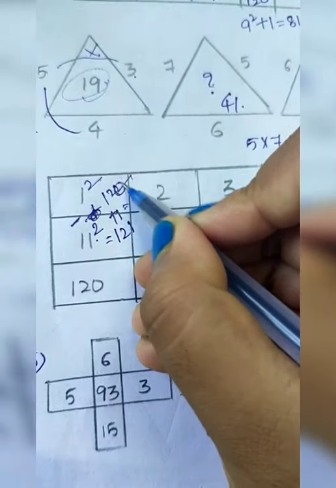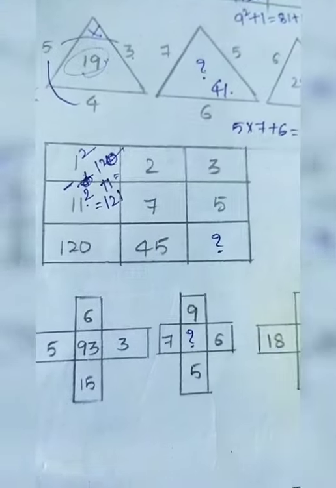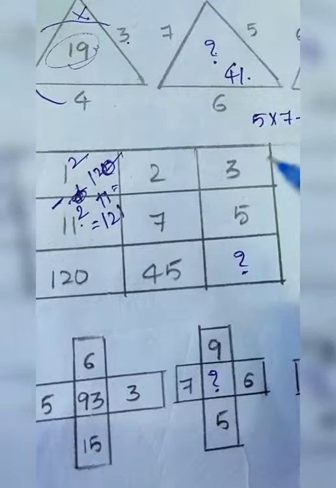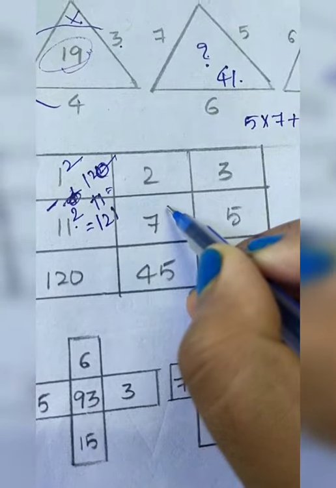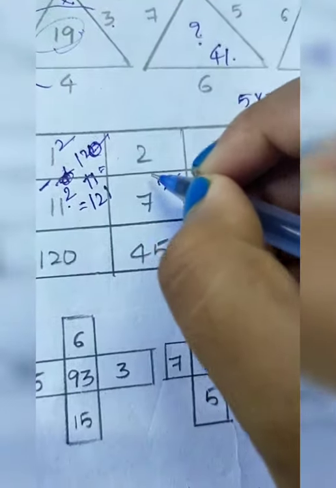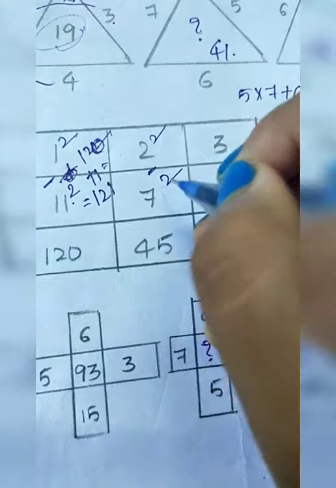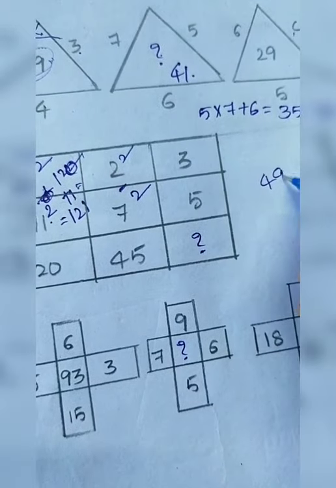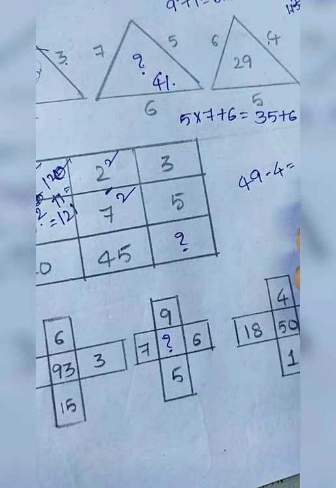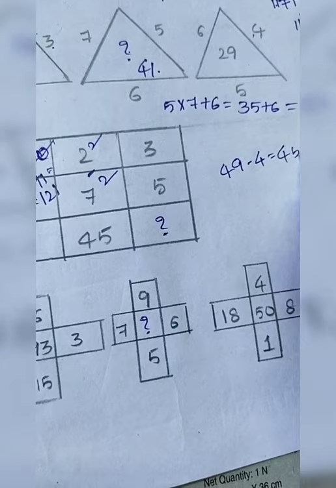So we'll get the answer as 120. So it is applicable for all these. Let's try 7 square minus 2 square. 7 square is 49 minus 2 square is 4. So it is applicable, that is 45.